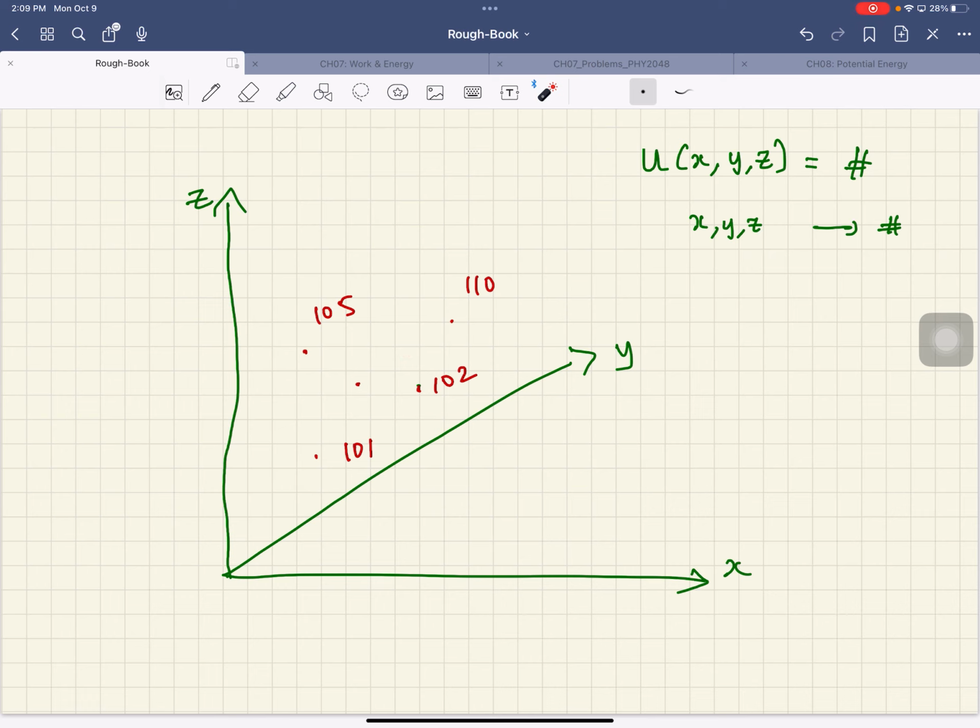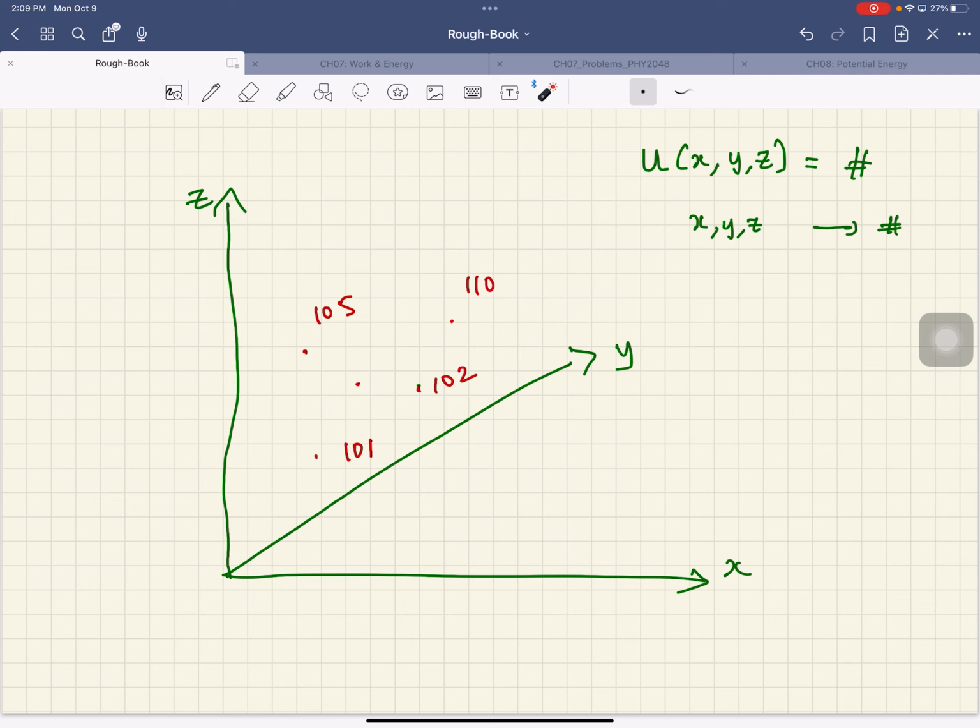If I move in this direction, u changes 4 units per meter. If I move in this direction, it's changing 6 units per meter. In this direction, 8 units per meter. Now, I want to ask, in what direction do I need to move to find the fastest rate of change?